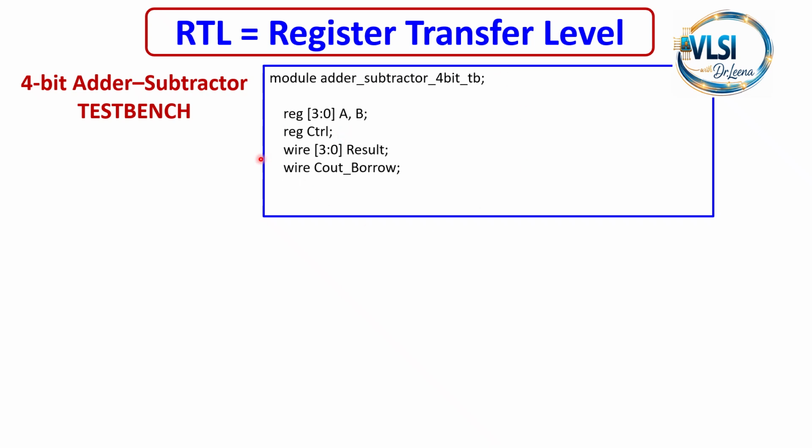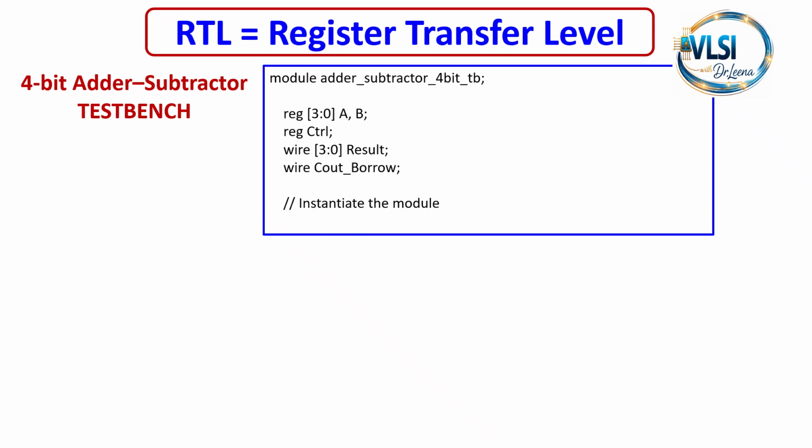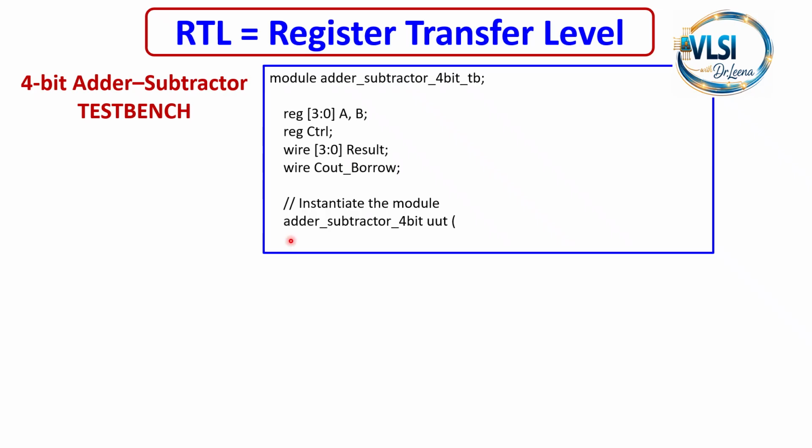After doing this, the next step is instantiating, that is, bringing our module into the test bench. When instantiating the module, first we give the module name which we have given in the RTL code.